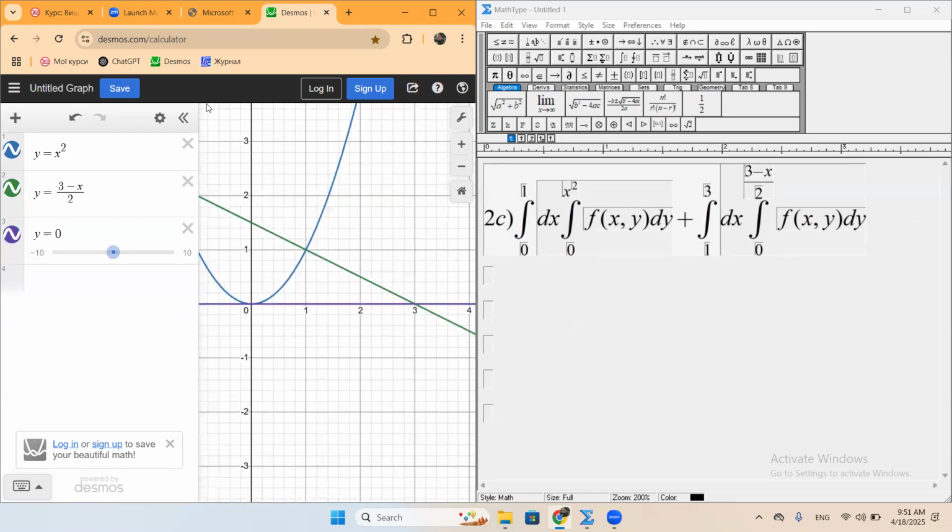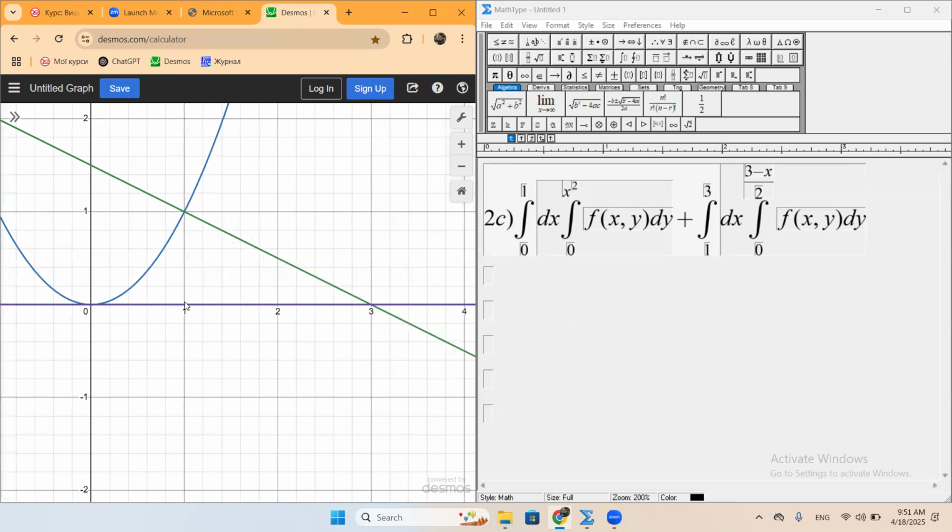And what can we see from this graph? So x changes from 0 to 3. For the first integral, y changes from 0 to x square. And for the second integral, y changes from 0 to 3 minus x over 2.